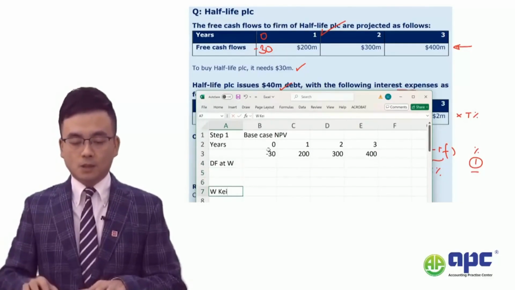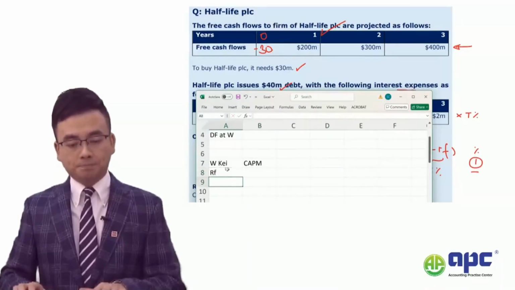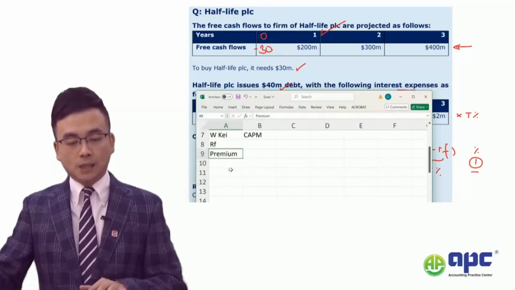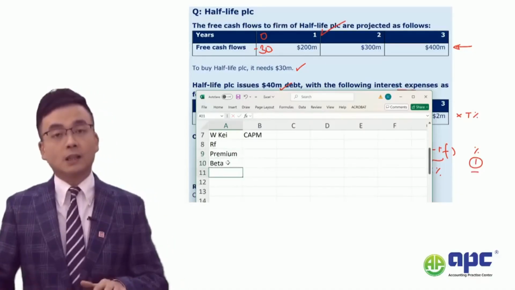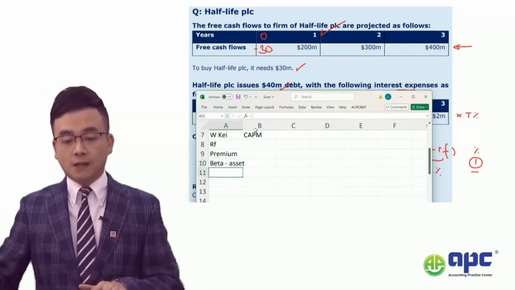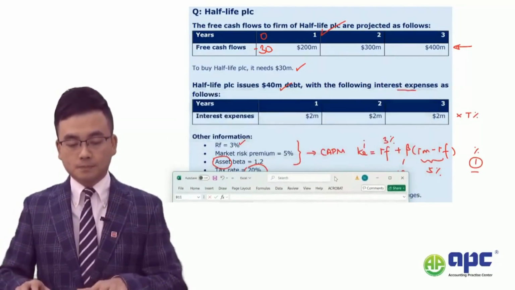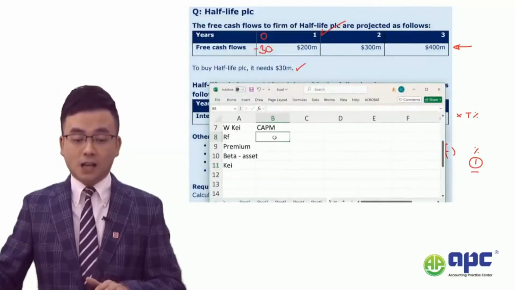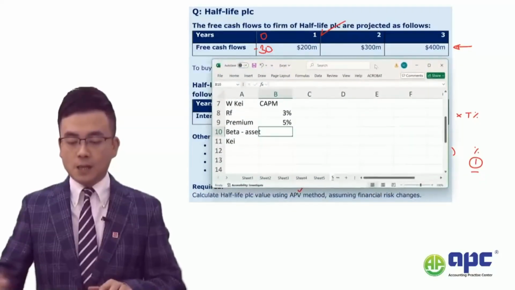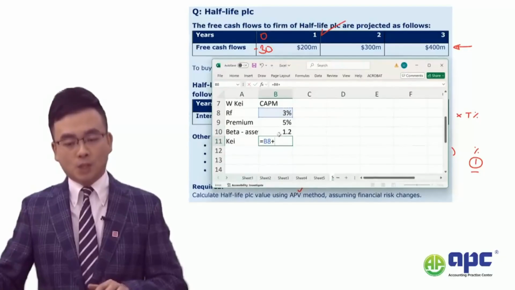As I said before, we slot in the variables: the risk-free rate, the premium and the beta factor, which here is the asset beta. So KEU: the risk-free rate we're told is 3%, 5% for the premium, and the asset beta is 1.2. So KEU equals the risk-free rate plus the beta factor times the premium, and that's 9%.